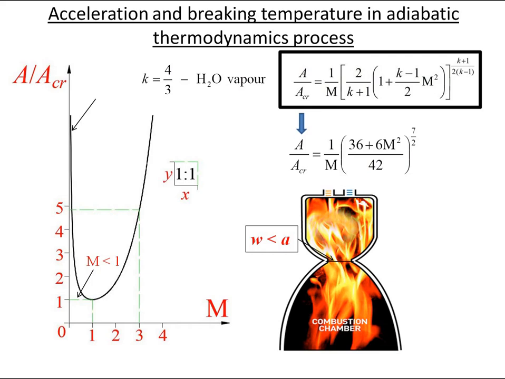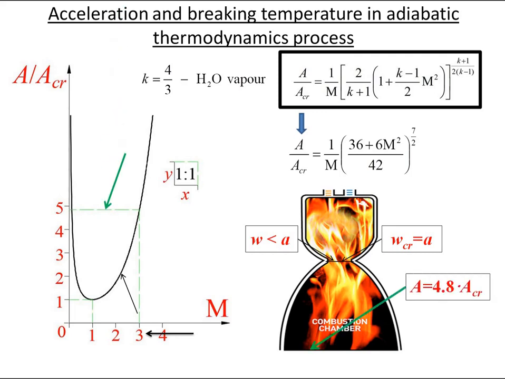If the entrance velocity is exactly critical and equal to the speed of sound, the velocity in the Laval nozzle will follow the right side of the curve branch. Let's say our goal is to increase velocity 3 times from critical velocity. We need a nozzle area 4.8 times bigger than the critical entrance area.